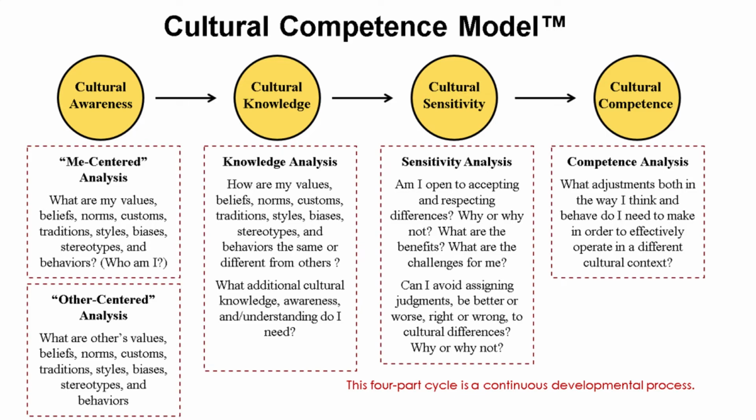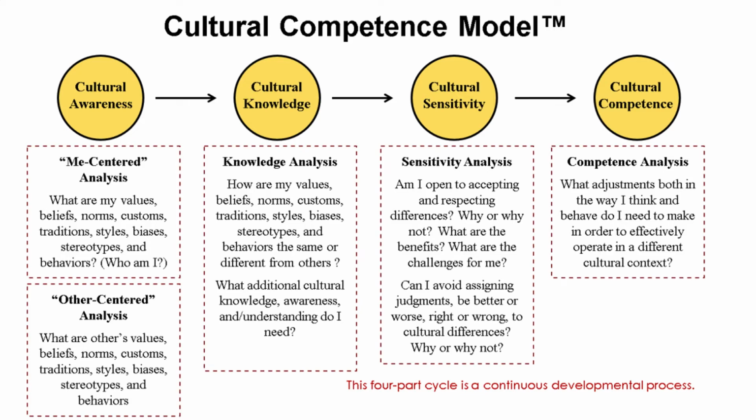So once you have got your cultural awareness, you've got your cultural knowledge, you are sensitive to other cultures, we then introduce the idea of this cultural competence. So you have to think about what adjustments, both in the way that you think and in the way that you behave, that you need to make in order to effectively operate in a cultural context.